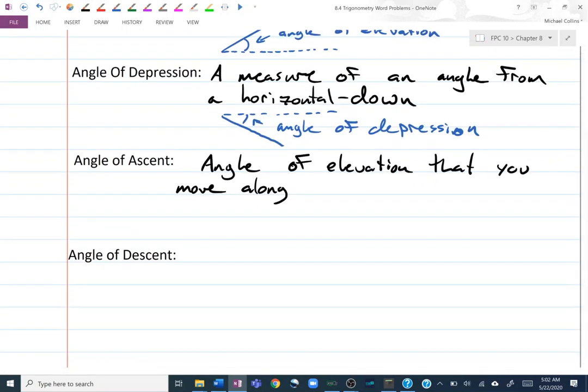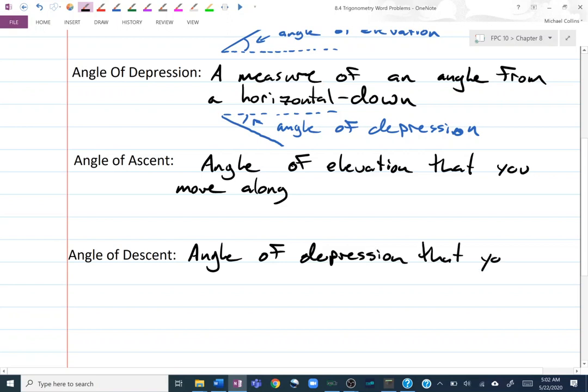Angle of descent is then an angle of depression that you move along. In practice, these are subtly different things, but for the sake of trigonometry, you can pretty much think of them as identical synonyms.